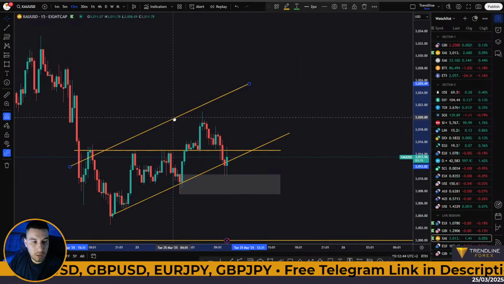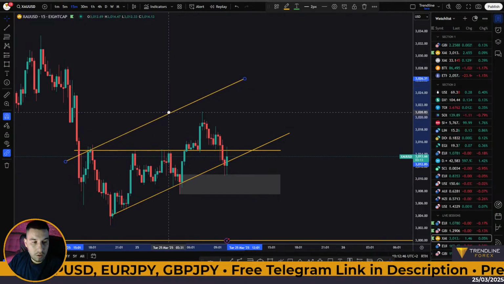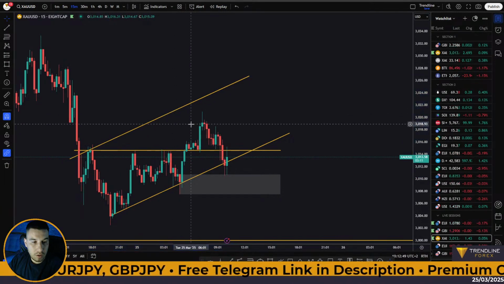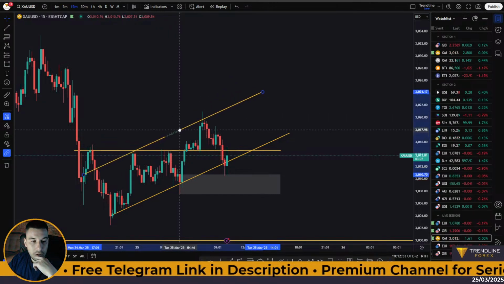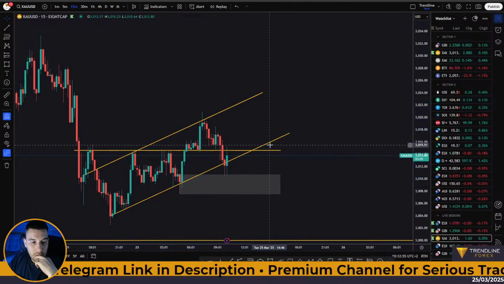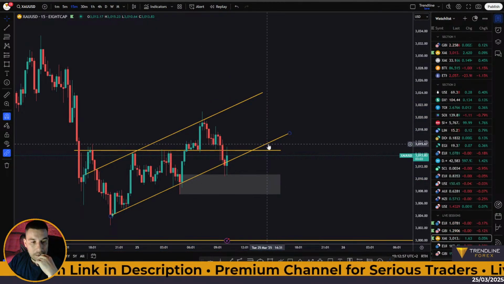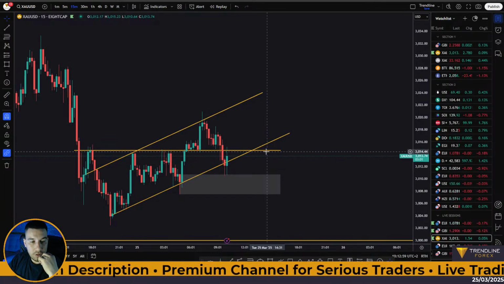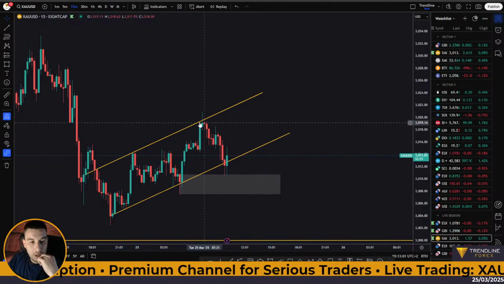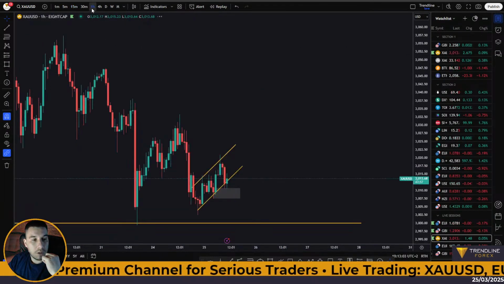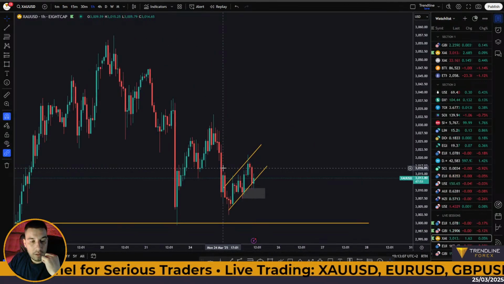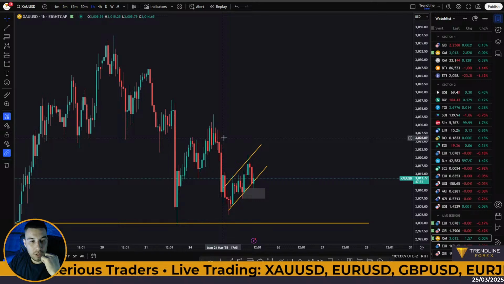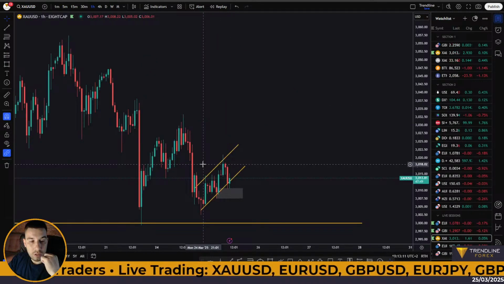This is basically what I'm looking for. Could place it down here if you wish, but I would definitely expect to see that continuation higher. I don't want to rush with my entries though, because you know technically we're still bearish here on the 1 hour time frame. The overall trend is bullish, obviously.